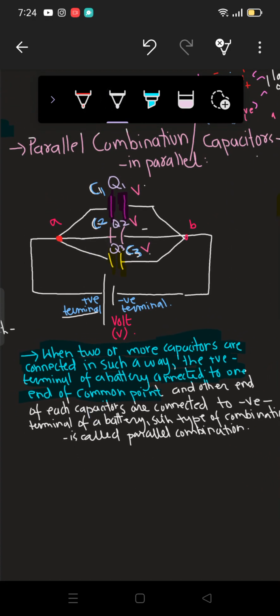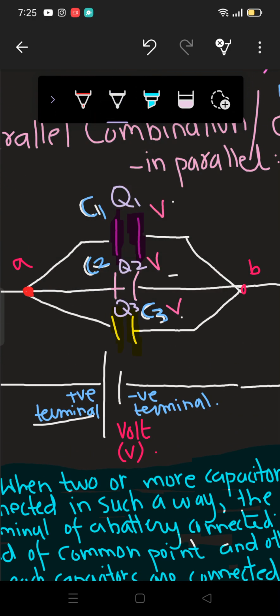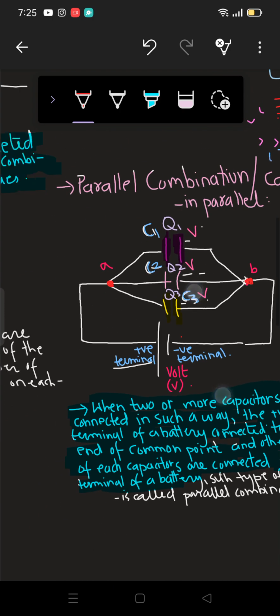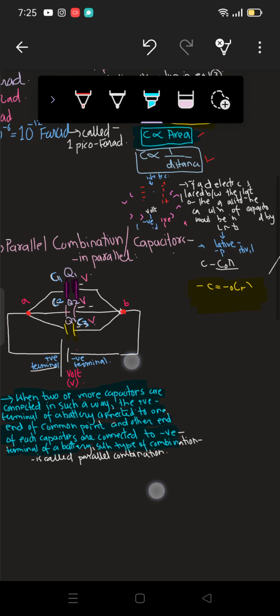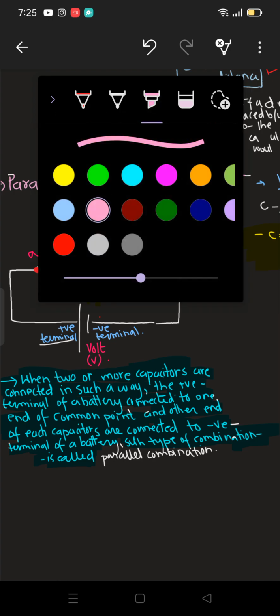And the other end of each capacitor is connected to the negative terminal of the battery. These are the other capacitors, and they are connected to this point, and this is connected with the negative terminal of the battery, right?